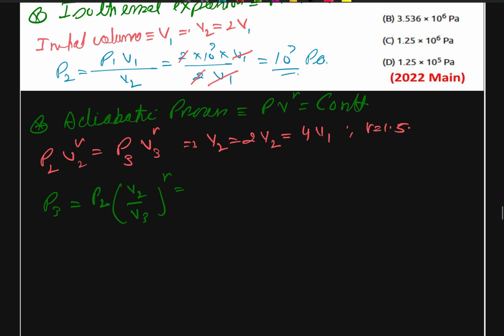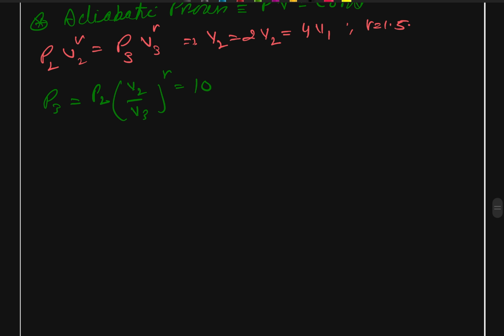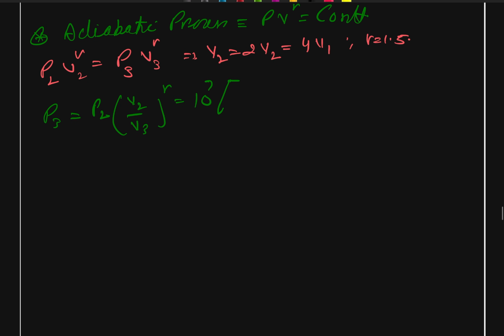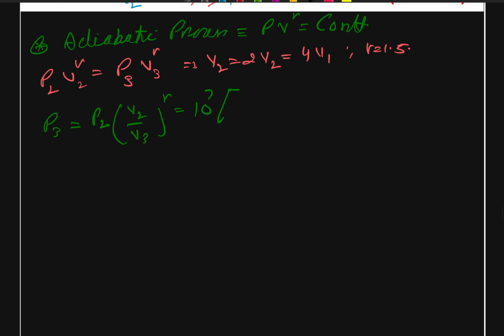P2 we found out is 10 to the power 7, and V2 is twice of V1, and V3 is 4 of V1, whole raised to power 1.5, which is basically 3 by 2.